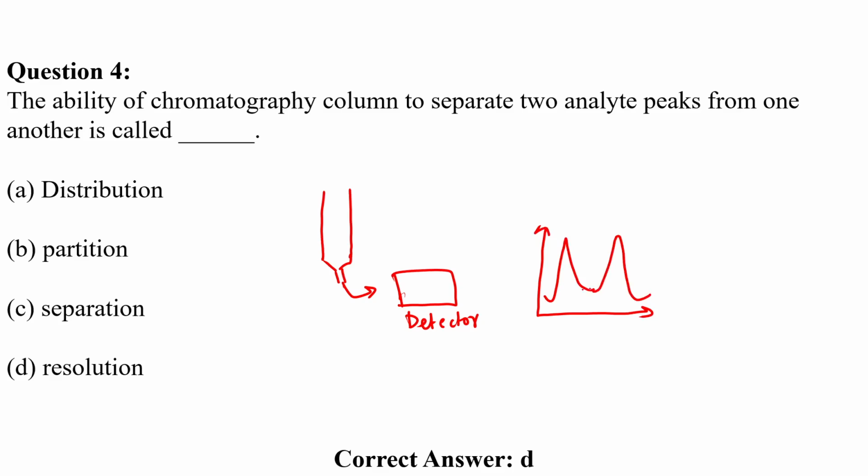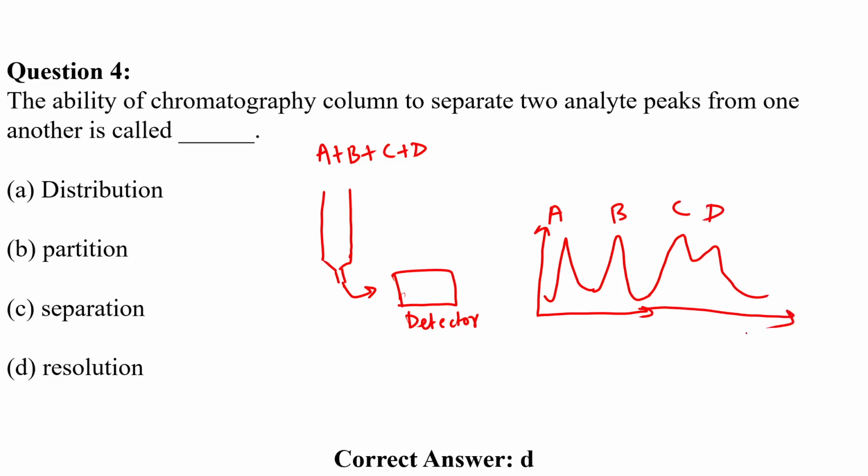Okay, so let's say I have a mixture of 4 compounds A, B, C, D. So this column is able to separate A, B, and then we have, let's say, C and D. We have a graph like that, something like that.